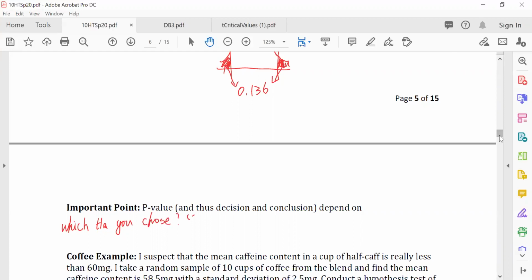So you must choose your HA before you see the data.